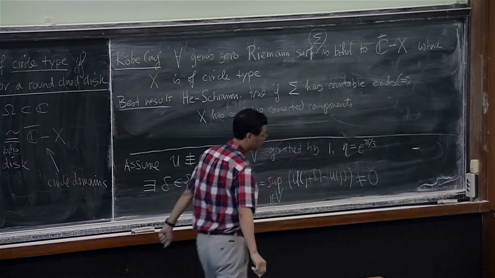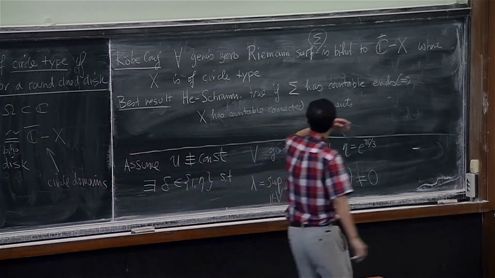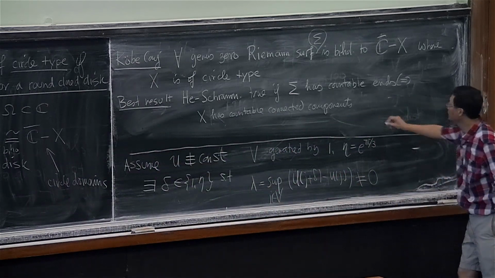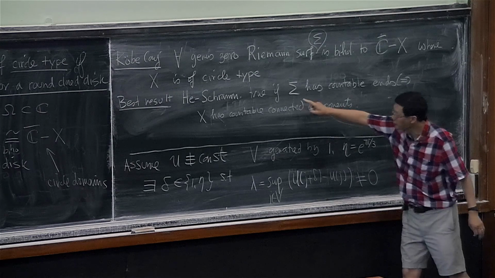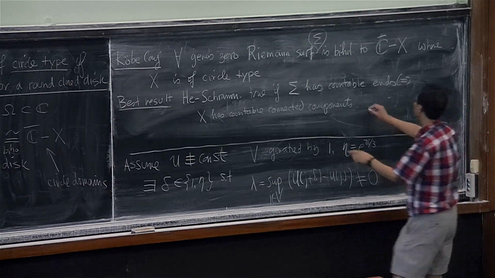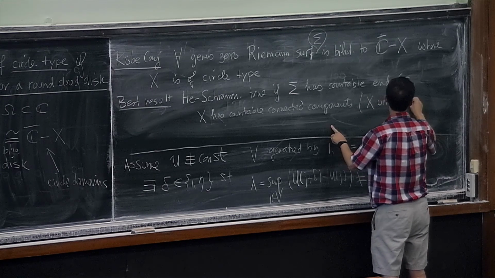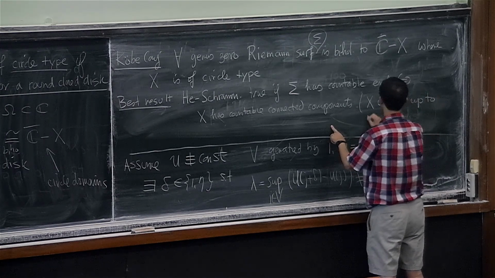So X should contain no Cantor set. If there is a Cantor set, then it's not known. They also prove a stronger statement: in this case, if the Riemann surface has countably many ends, then X is unique up to Möbius transformation.